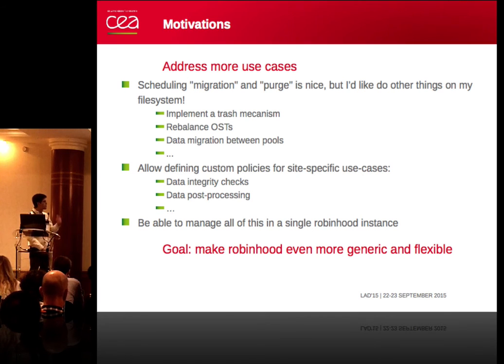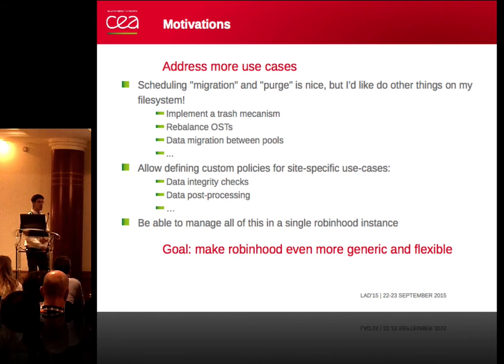So a bad way to implement this would be to implement new policies in Robinhood code with specific handling of each of these policies. But it would be a wrong thing for code maintainability.